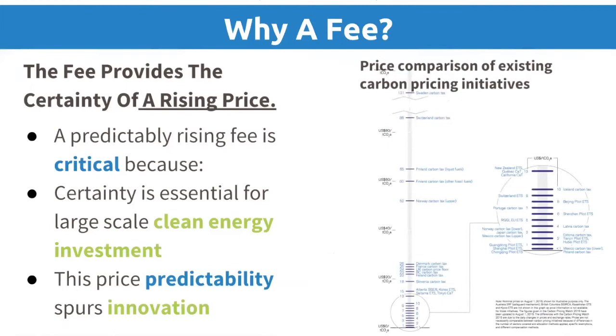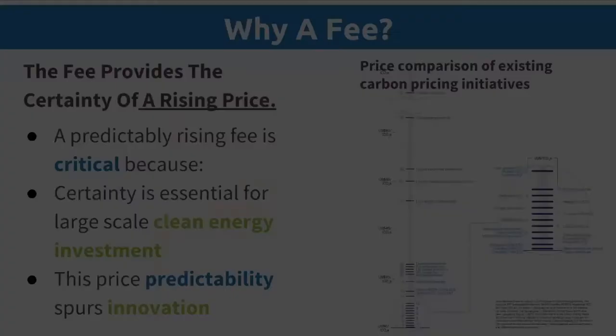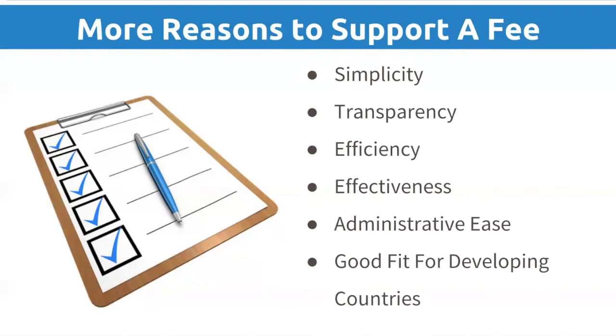I bring your attention to the last one. Fee and dividend is the best fit for developing countries with weak institutions and corruption, compared to opaque and complex cap and trade.